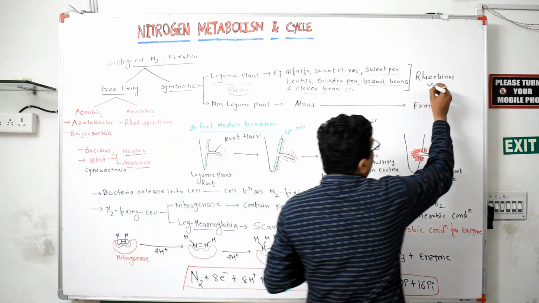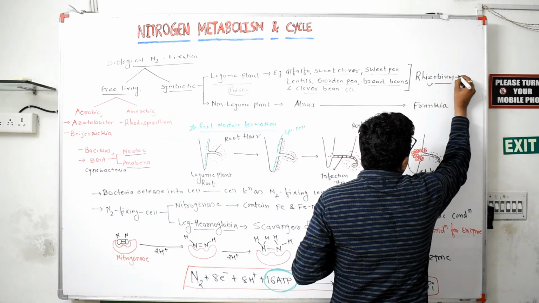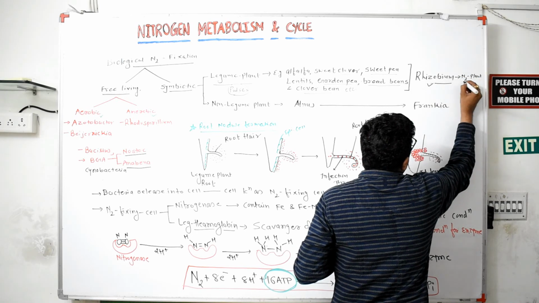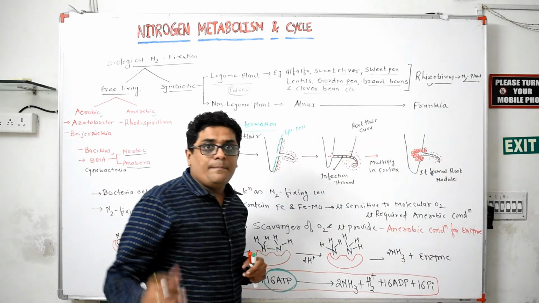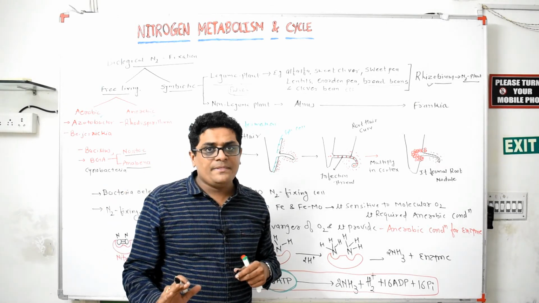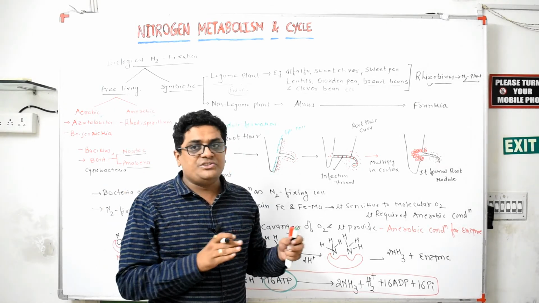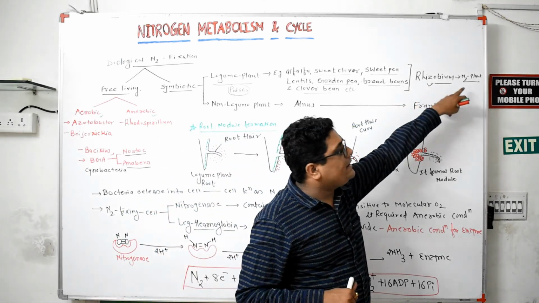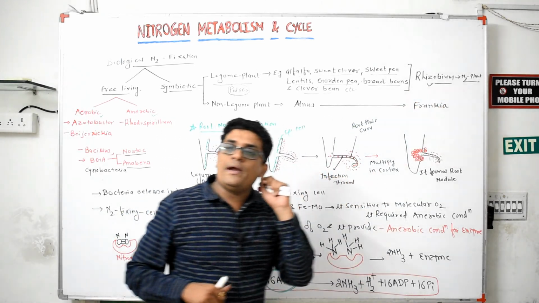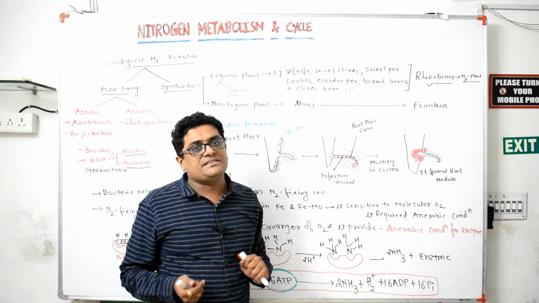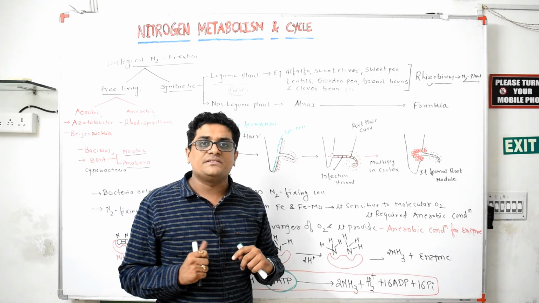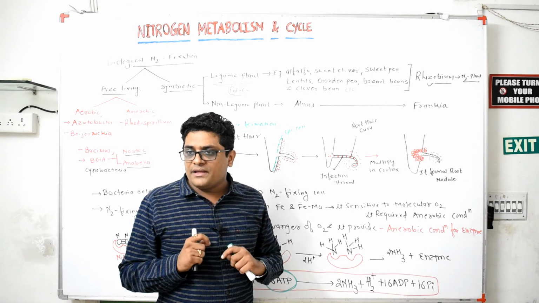Because the Rhizobium bacteria provide nitrogen to the plant. The plant synthesizes food, and that food is utilized by the bacteria. Means the bacteria provide nitrogen to the plant, and the plant provides the habitat as well as the nutrition to the bacteria. That's why this relationship is known as the symbiotic relationship.